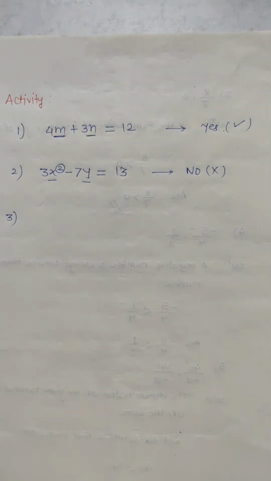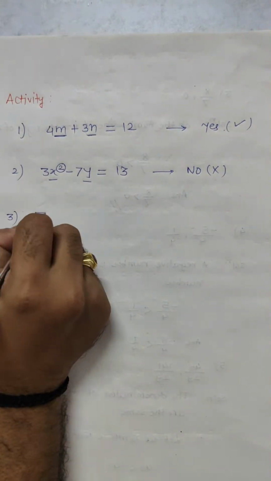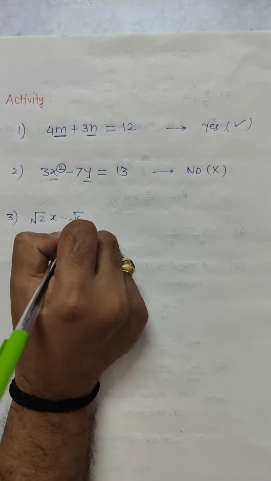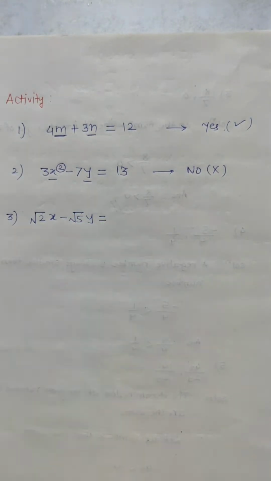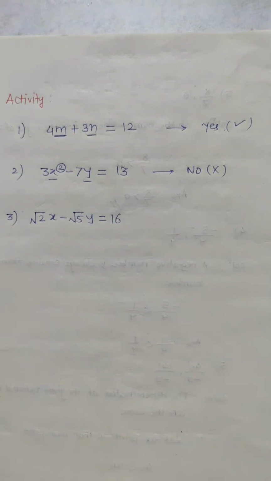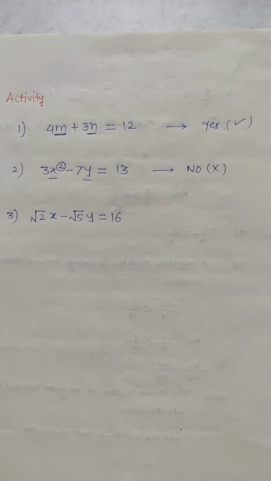Number 3, square root of 2x minus square root of 5y is equal to 16. There are two variables. First condition in a linear equation in two variables: you have to check whether two variables are present in the given equation or not. And the second condition is that the index of both the variables is always 1.